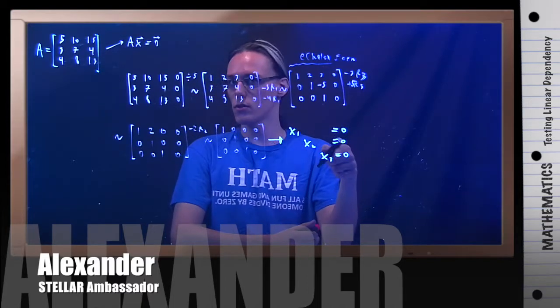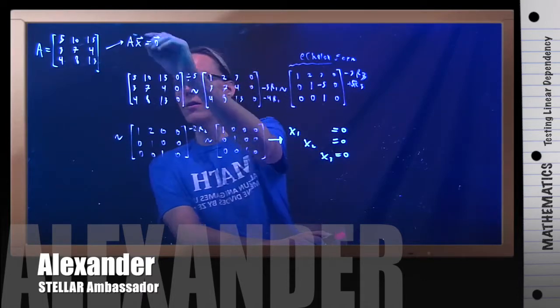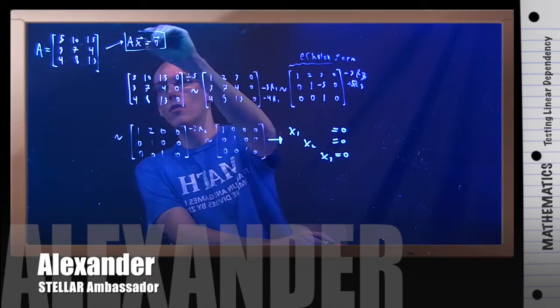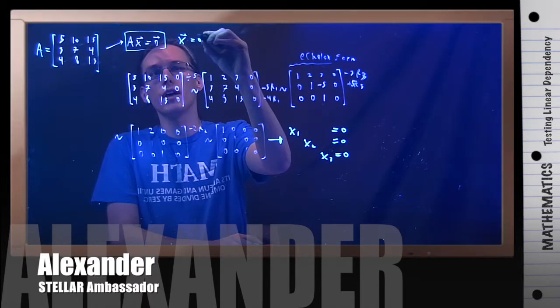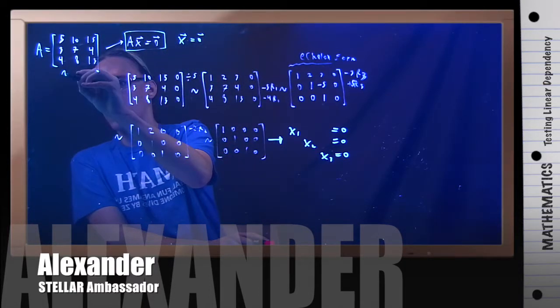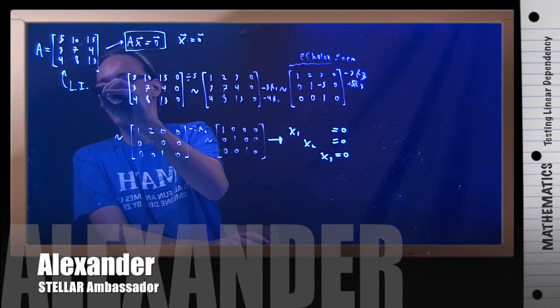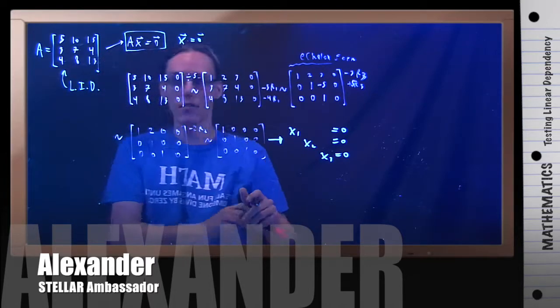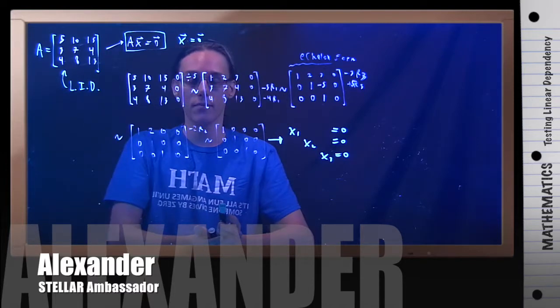This is the trivial solution. Since this is the trivial solution, where all my x's are 0, this equation only has the solution x equals the 0 vector, and therefore this matrix right here is linearly independent. None of these vectors can be written as a multiple of the others. And that is this example.